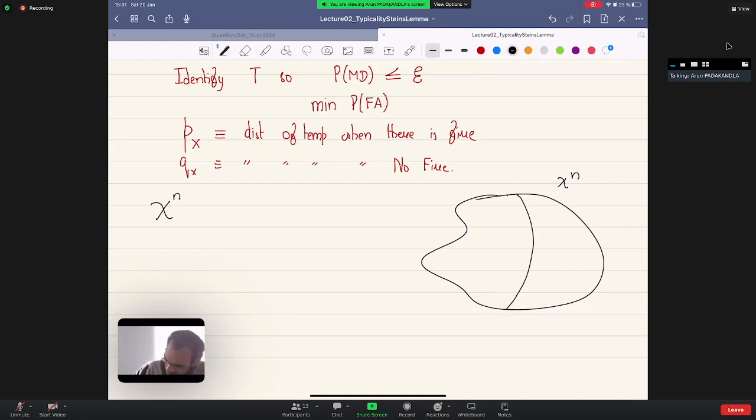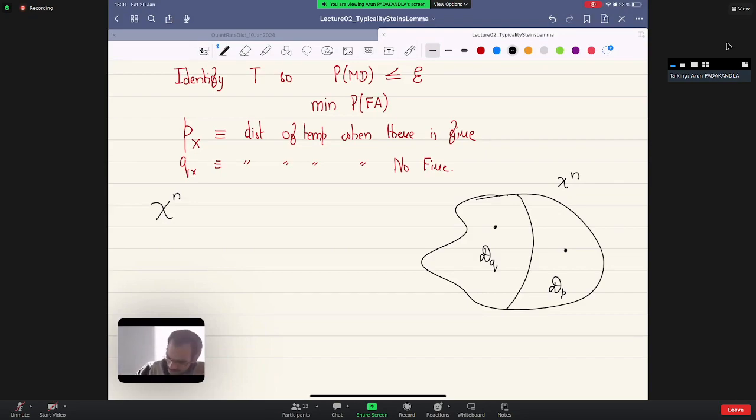This is the set of all those sequences for which I will say fire, and anything outside, I will say no fire. If my observations fall within this set, I will say there is a fire and ask people to get out. If the observation falls in this set, I'll say there's no fire.